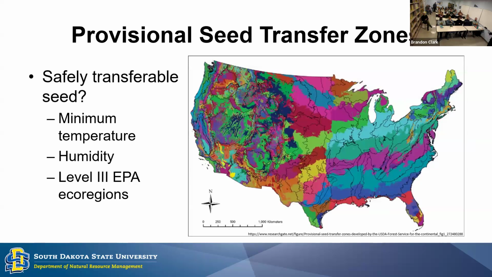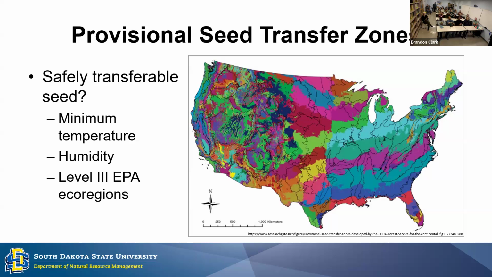So restoration practitioners have been looking into trying to get locally adapted seed for the best success of their restoration. And one of the resources that people have been using are these provisional seed transfer zones, a map built together by a study with the U.S. Forest Service.